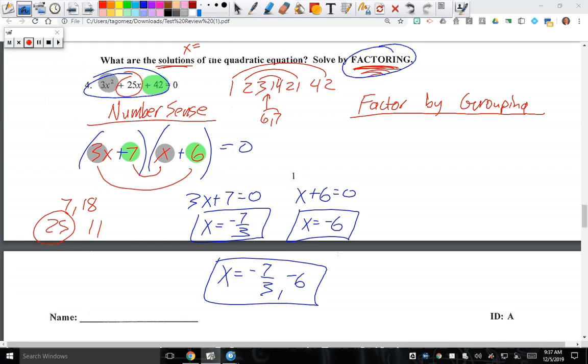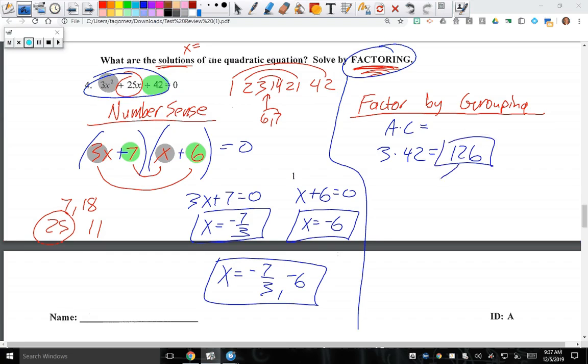Okay? So, factor by grouping. Here we go. We look at our A and C term and we multiply. So it'll be 3 times 42, and we're going to see what we get. So what? That's 126.